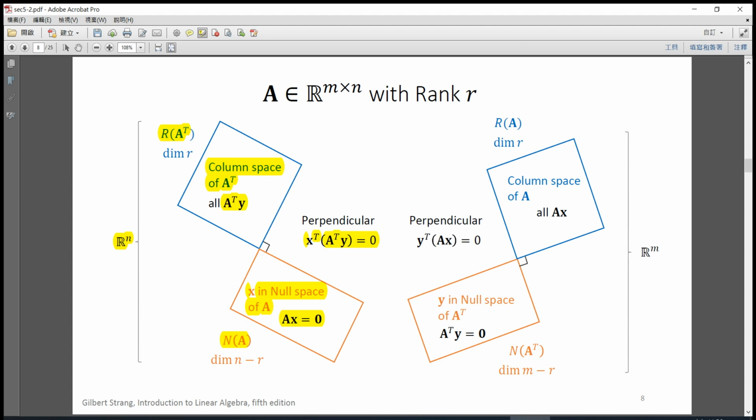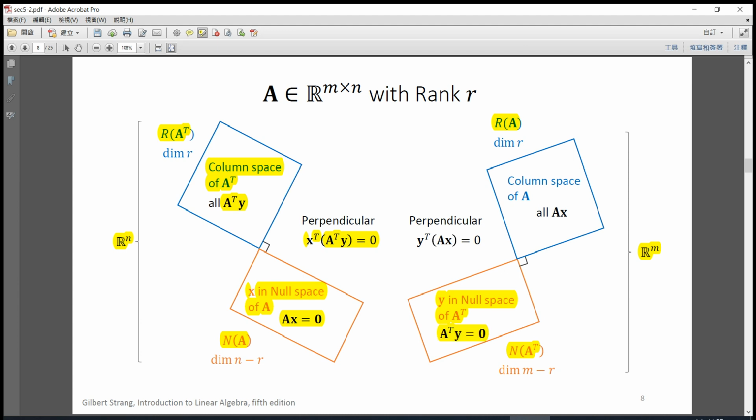Similarly, recall that the column space of A and the null space of A transpose are both in Rm. And by the fundamental subspaces theorem, the column space of A and the null space of A transpose are orthogonal complements of each other. If y is in the null space of A transpose, then y satisfies A transpose y equals the zero vector.